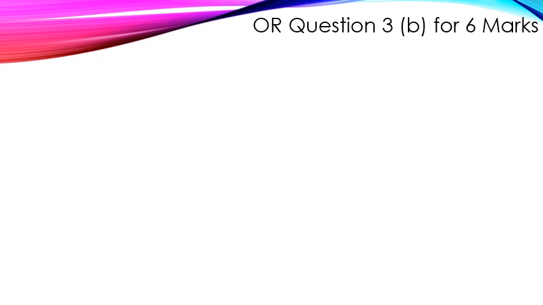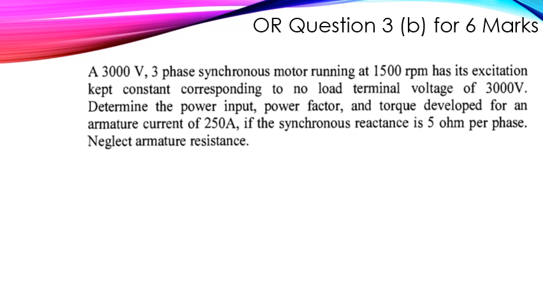Let's see the next question, question 3b, which is in all and which is also for 6 marks. The question is, a 3000 volt 3-phase synchronous motor running at 1500 rpm has its excitation kept constant corresponding to no load terminal voltage of 3000 volt.